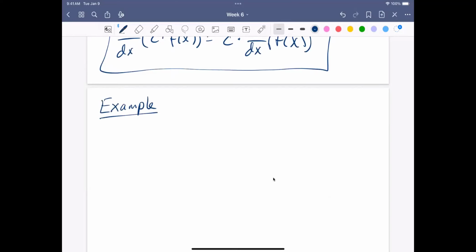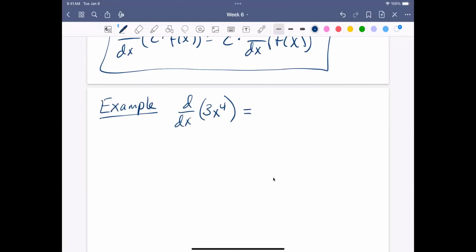So let's now put some of these formulas, now that we have a couple, into practice. All right, so let's try to figure out the derivative of 3x to the fourth. But this time we don't have to use the formal definition. We're going to use the formulas that we've come up with.